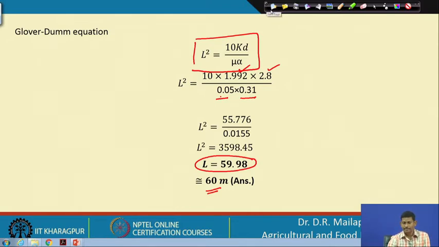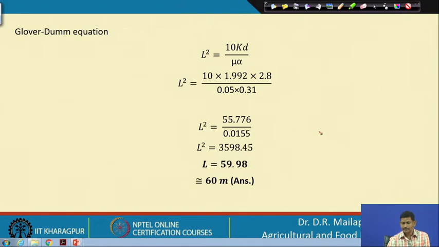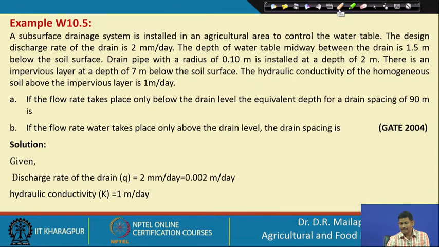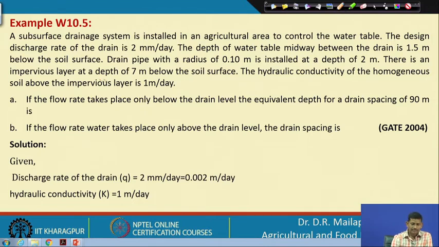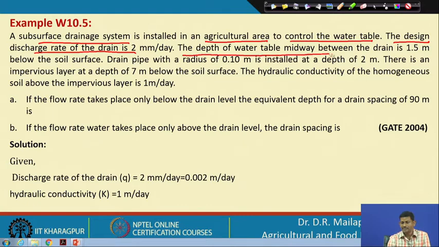In the next example, this is a subsurface drainage system installed in an agricultural area to control the water table. The design discharge rate of the drain is 2 mm per day, that is small q, and the depth of water table midway between the drains is 1.5 meter below the soil surface.